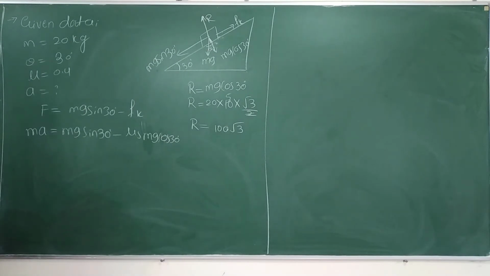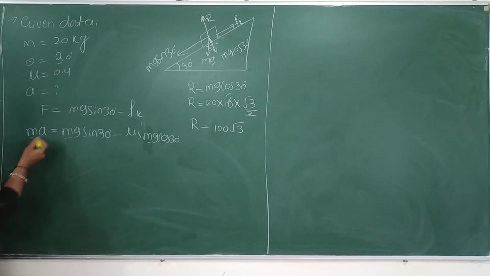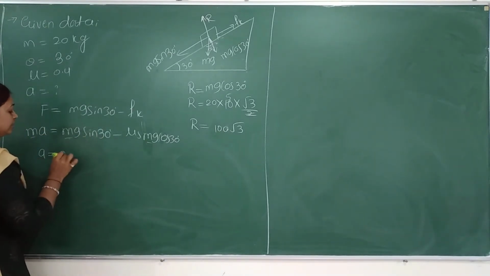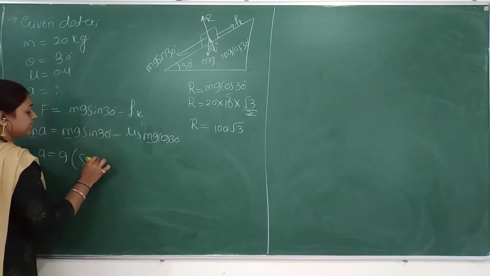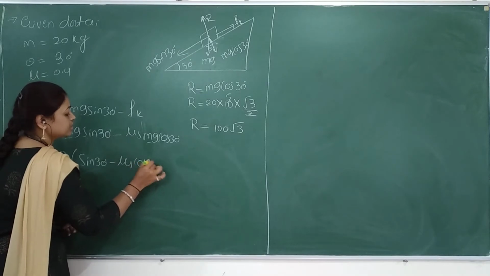Okay, now see here. Here m is there, one more m gets cancelled out. What is the formula? a is equal to, here g is common, g into sin 30 minus mu s into cos 30. Right.